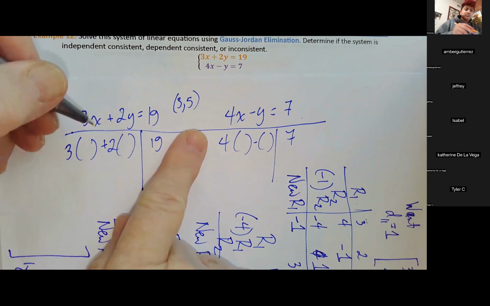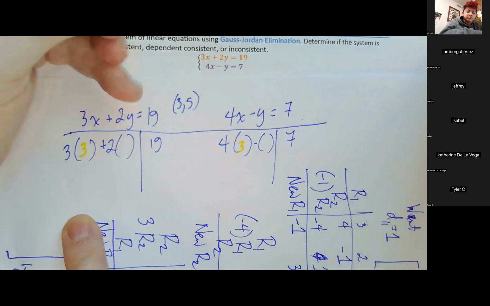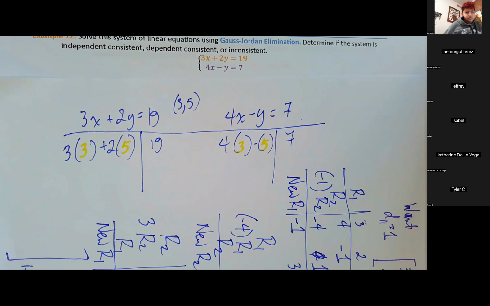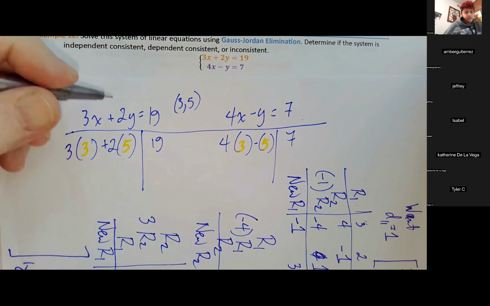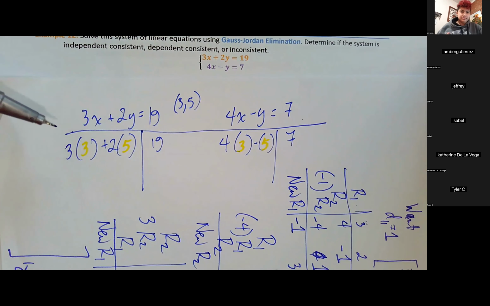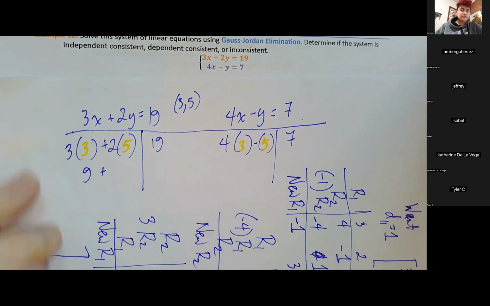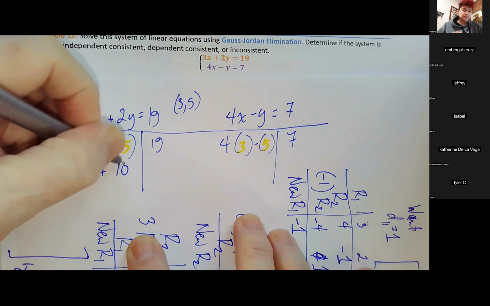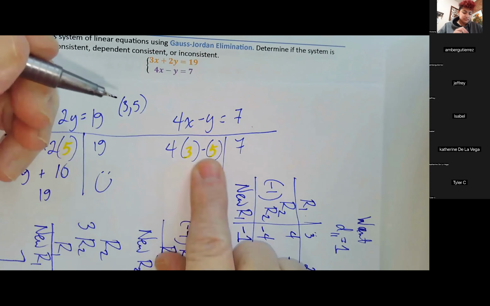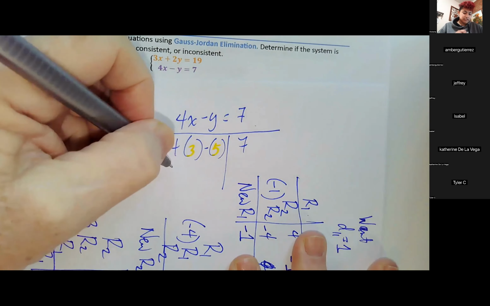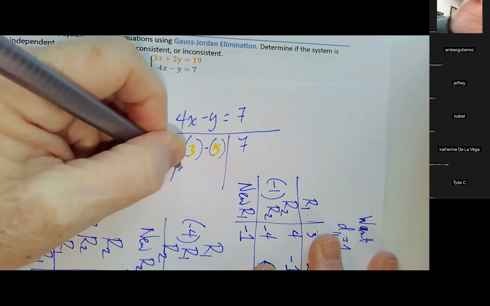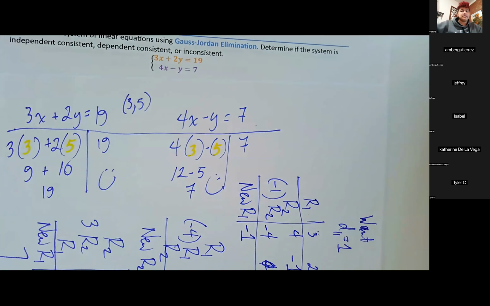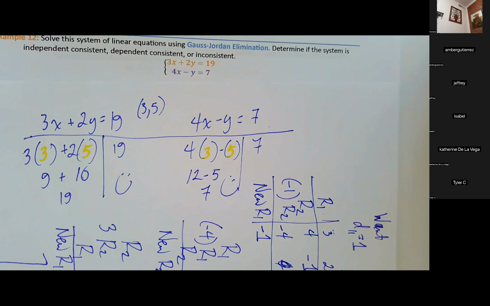We're plugging in 3 for x and 5 for y. 3 times 3 is 9, and 10, yes, yay. And then 2 times 5 is 10 and 4 times 3 is 12, minus 5 is 7. Yay. Okay, how many solutions did this question have?